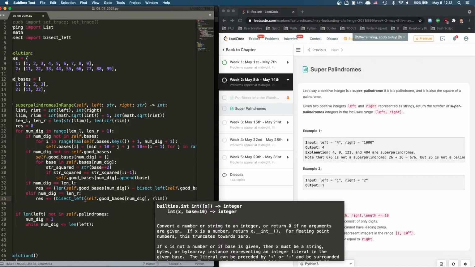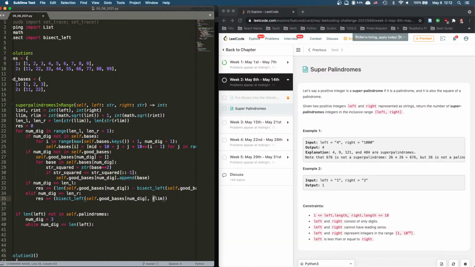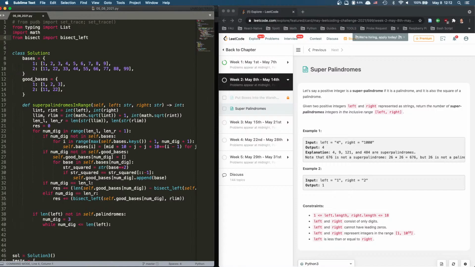So we have the right limit, and what we want to find is until right limit how many there are, and we're doing it pushing here. We need to use bisect right. Yeah, we need to use bisect right.